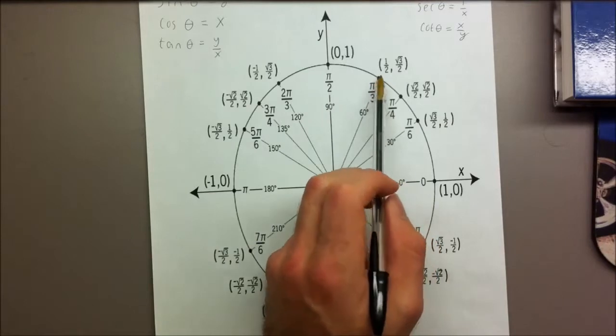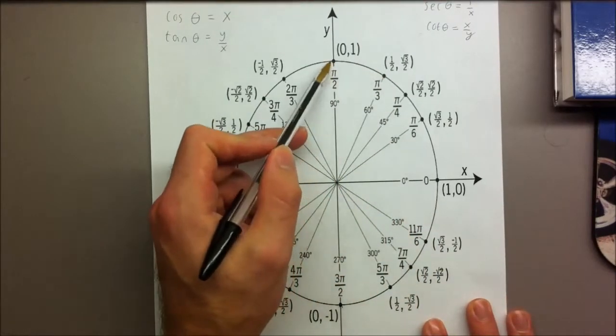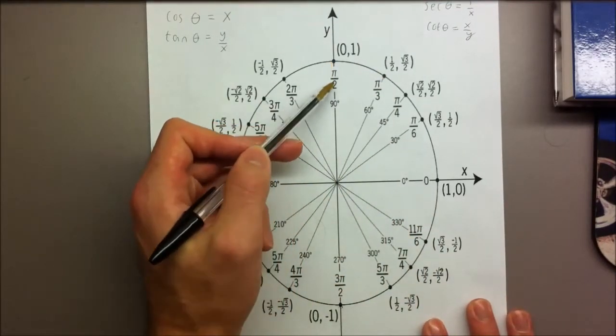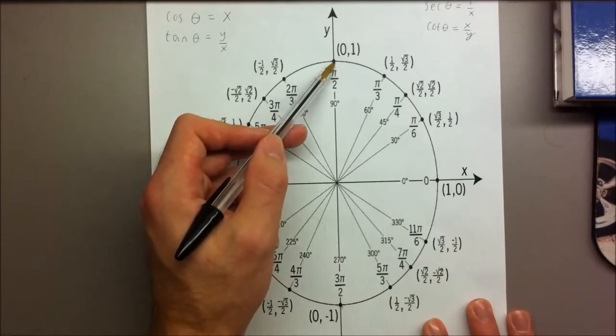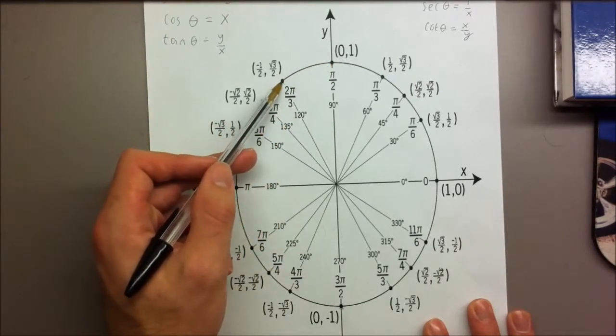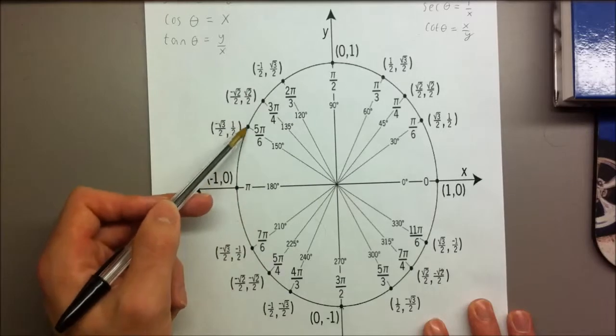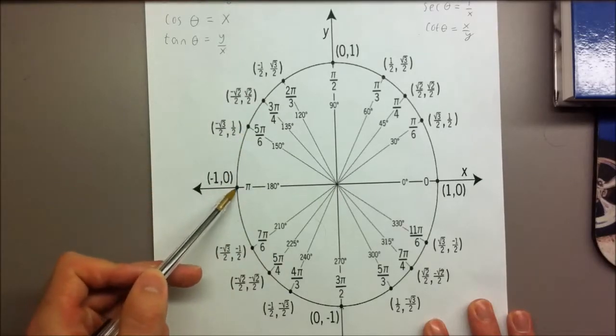Now let's travel another pi over 6. And we're going to get here, which is 3 pi over 6, which simplifies to pi over 2. And then let's travel another pi over 6. Now we're at 4 pi over 6, 5 pi over 6, 6 pi over 6.